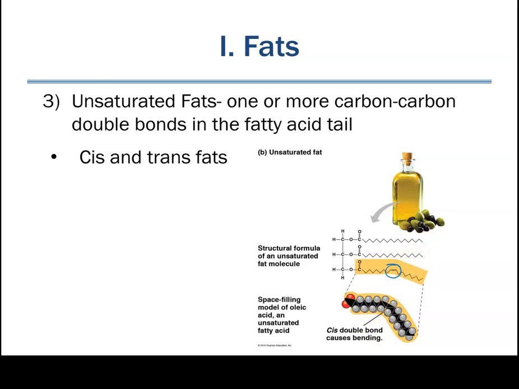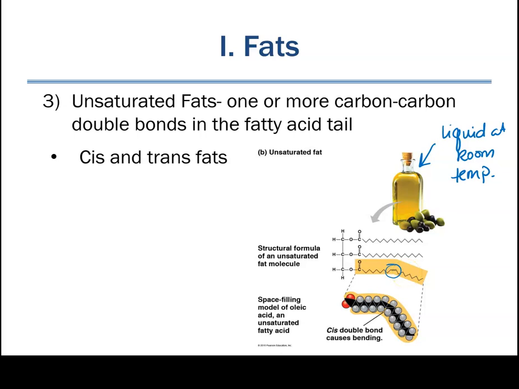So your unsaturated fats are the fats that are going to be liquid at room temp. So olive oil, vegetable oil, sunflower oil, all of those oils that you might find in your pantry in liquid form are going to be your unsaturated fats. Now, they tend to be a little bit more healthy because of that kink. They can't pack so tightly in your arteries and things like that.